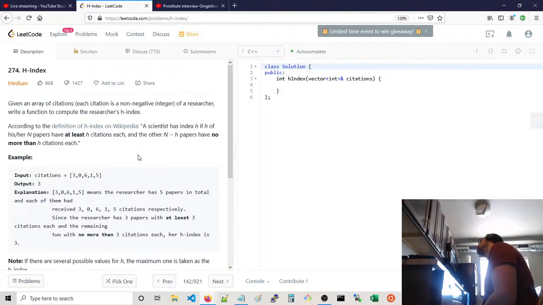Non-negative integer. I'm just thinking, how do we express this?